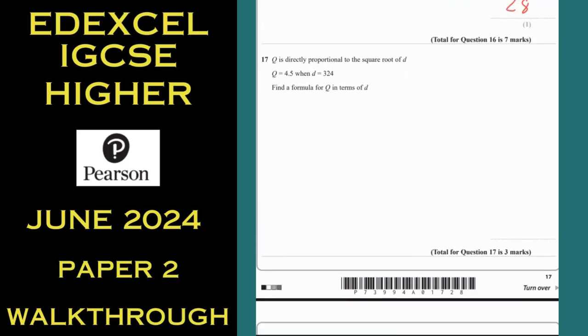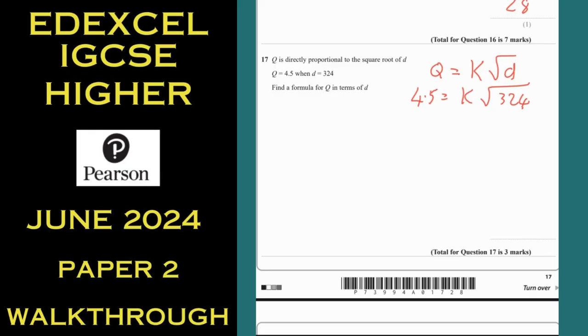Anyway, number 17. As soon as you see a direct proportion, you get right in the equation. Don't worry about that fish symbol. No one cares. Q is directly proportional to the root of D. Use any letter for K. No one cares about that either. Stick in the numbers you are given. Q is 4.5 when D is 324. And the root of 324 is 18.